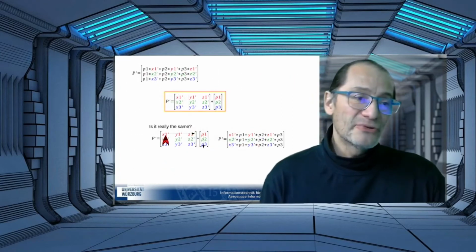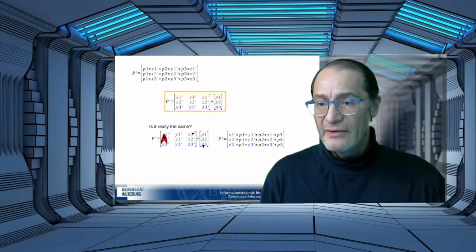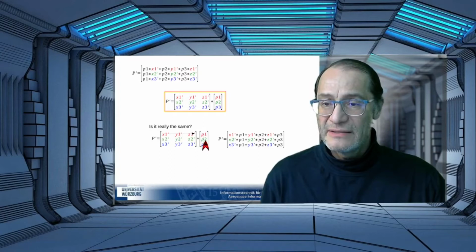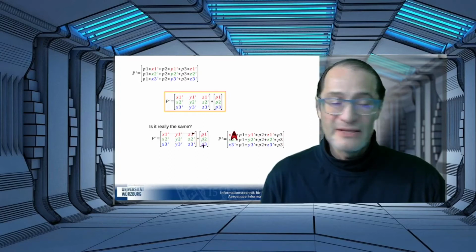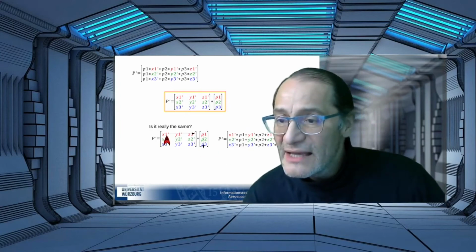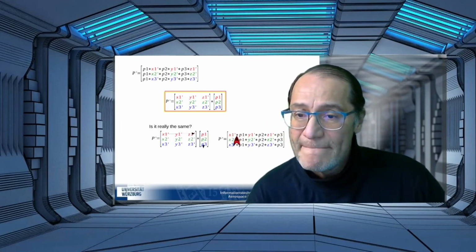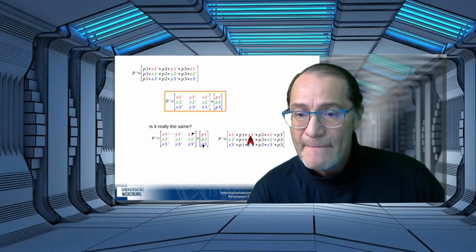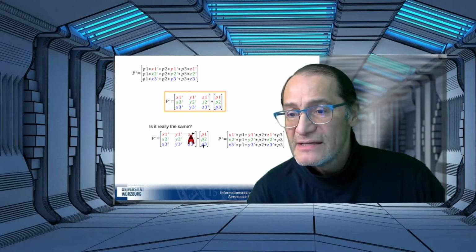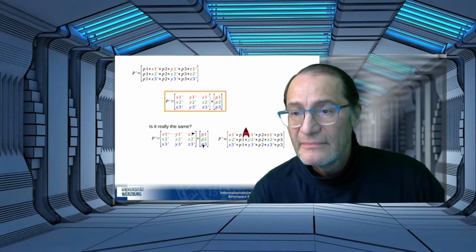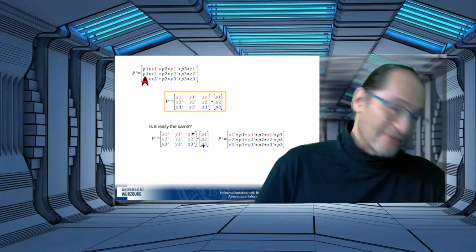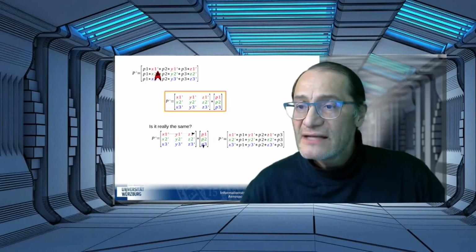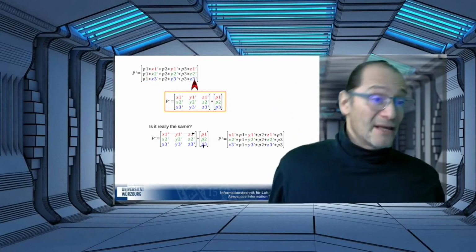Do you remember how to multiply a matrix with a vector? We multiply these two plus this plus this plus this plus this, and this will give me the first position of my new vector. Then I have x1 times p1 plus y1 times p2 plus z1 times p3. And now let's take a look at the main first definition, and you will see it's exactly the same. So I have a shortcut.